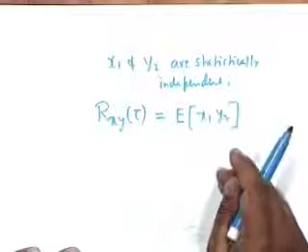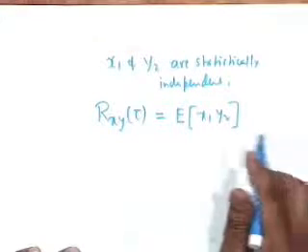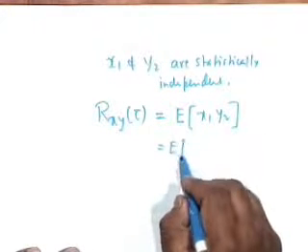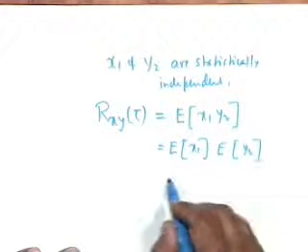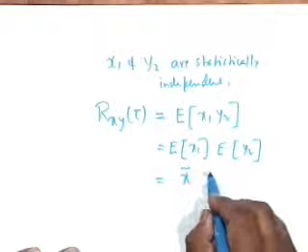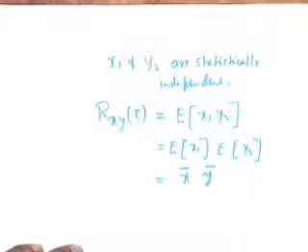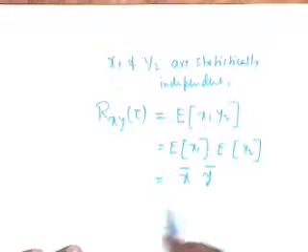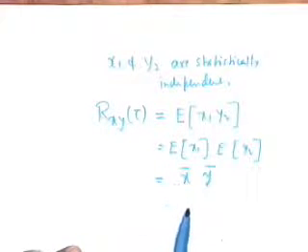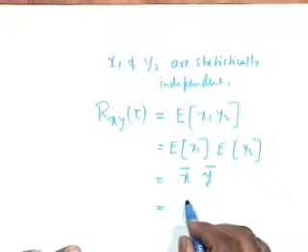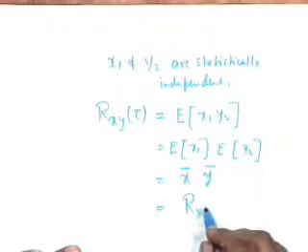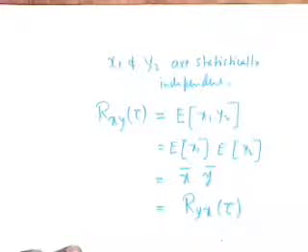Since they are statistically independent of each other, this will be E of x1 multiplied by E of y2. That means it will be simply x bar and y bar. It doesn't matter whether I take x first or y first, and therefore it will be the same as Ryx of tau.